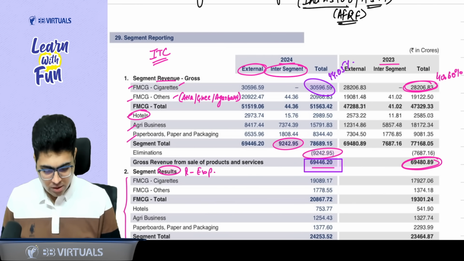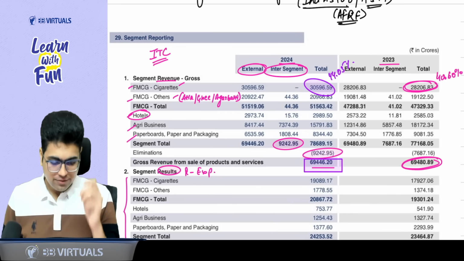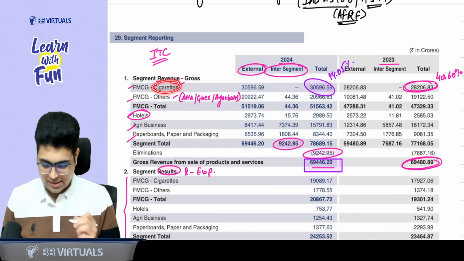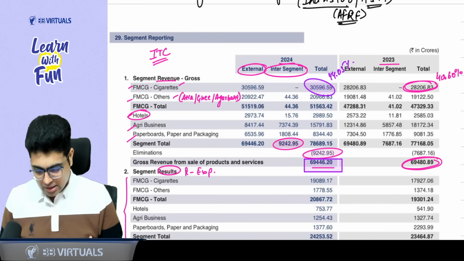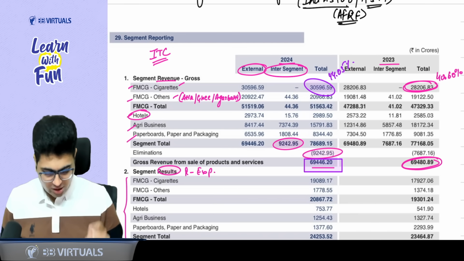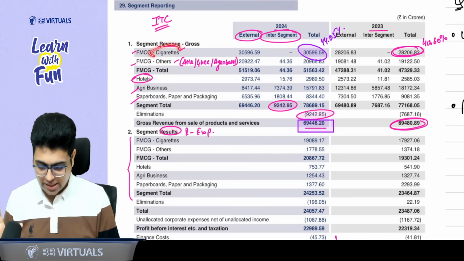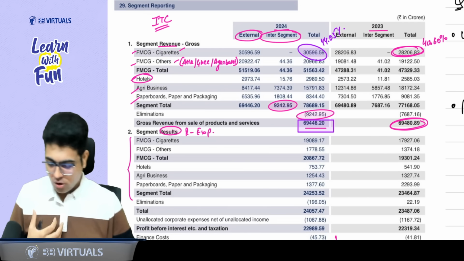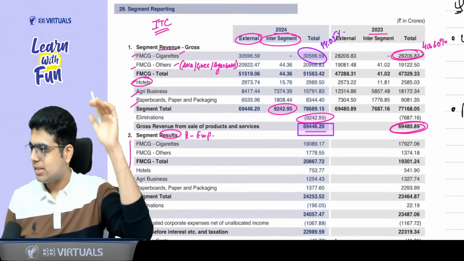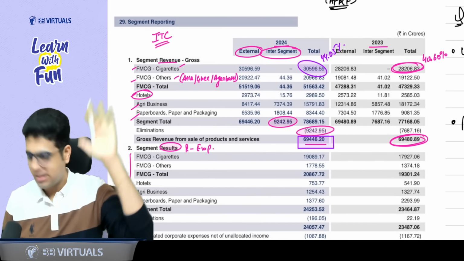As you can see in ITC, if I talk about the revenue, 44% of the revenue is in the hands of cigarettes, in case of FMCG. And if this is the case in 2024, if we see 2023, 40.6% was in the hands of cigarettes. So as an auditor, you can see that properly they have shown segment wise revenue.